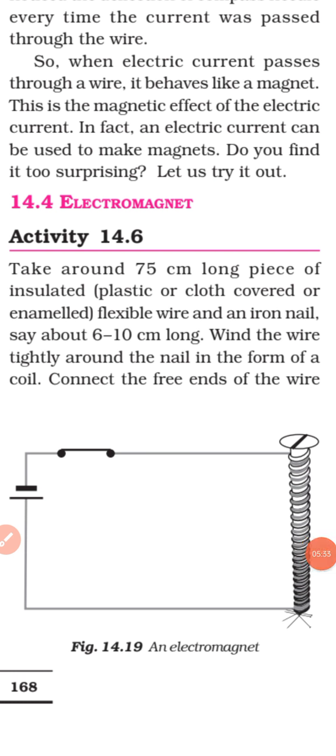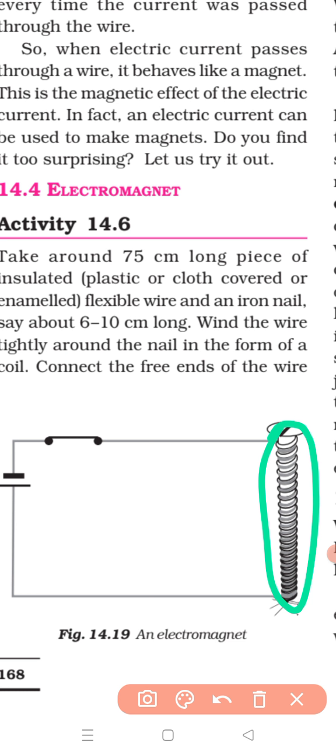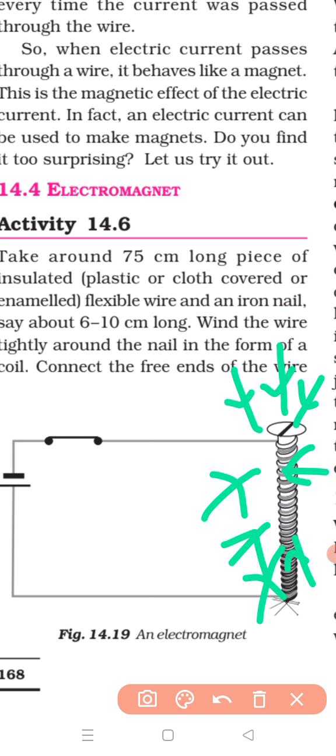One more thing to remember: this iron rod, or iron nail, will get magnetized when the switch is on, and it will attract metallic things towards it. If any metallic things are kept near it, it will attract them, because a magnet attracts things made of metal.